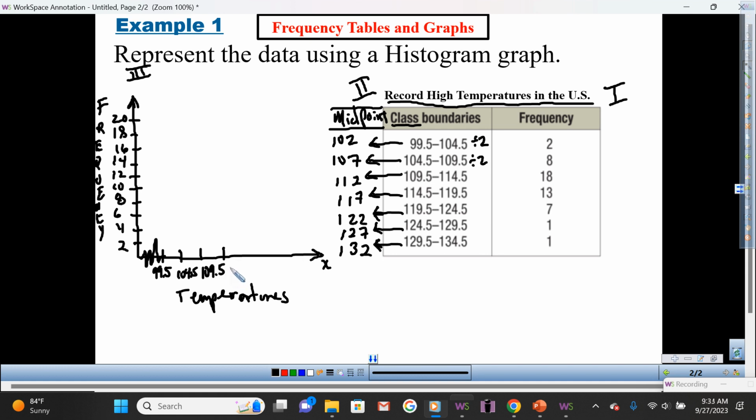Then 109.5. Then 114.5. Then 119.5. And then we got, and I can barely fit my numbers. Hold on. Let me move this over.